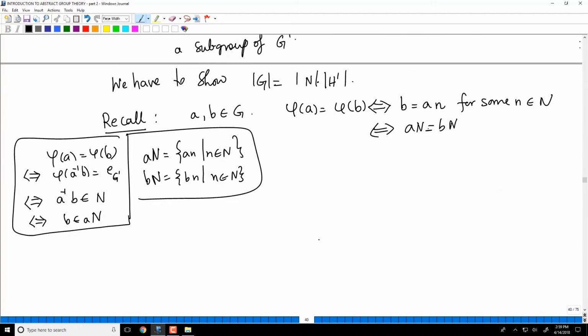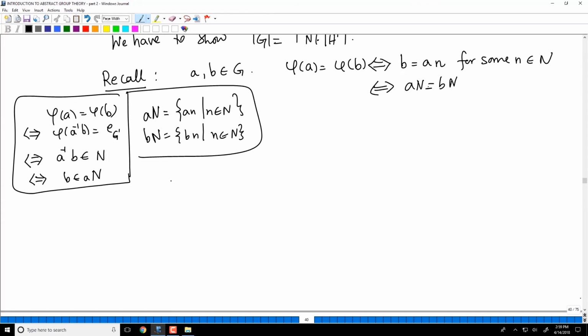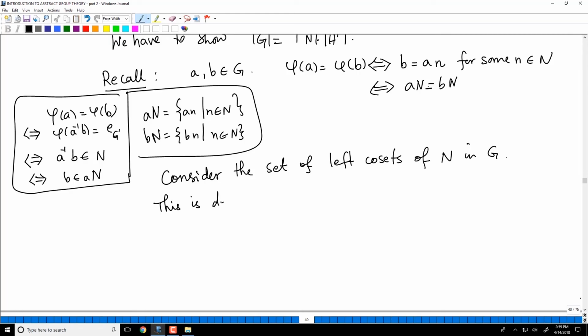I am going to consider the set of left cosets of N in G. This set is denoted by G mod N. I am introducing new notation for you, and this anticipates our definition of quotient groups later.